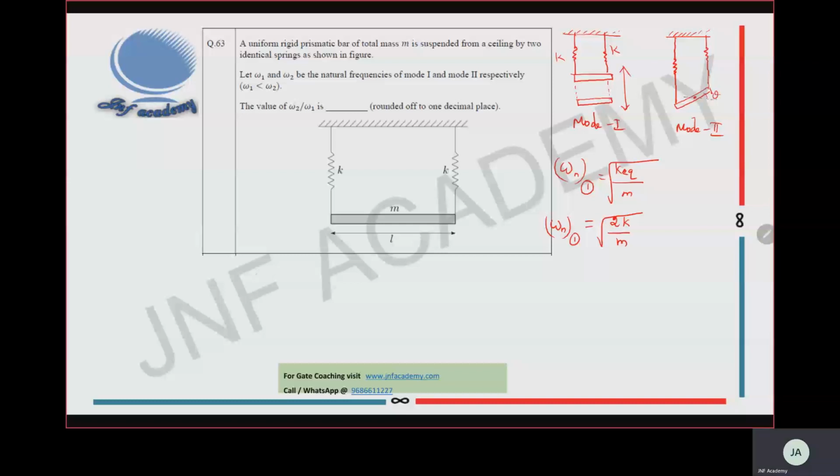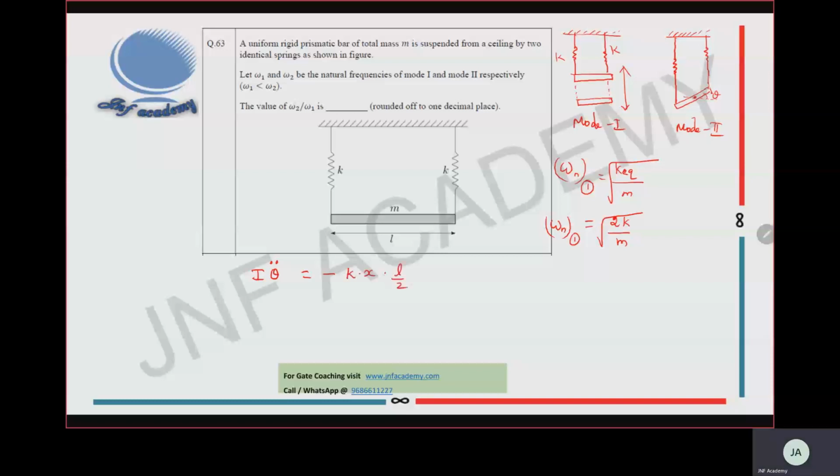I can write down the equation of motion. Since it is rotating about the center point, inertia moment is equal to restoring moment. I theta double dot, and the resisting moment will be in the opposite direction, so I'm using a negative sign: K x into L by 2.